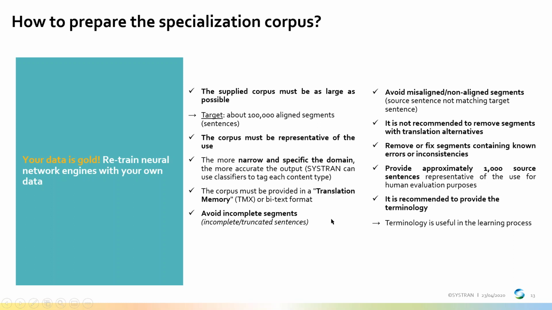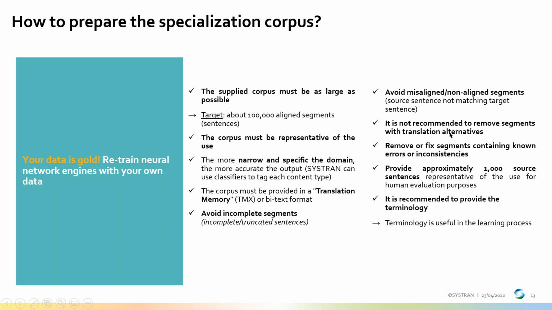We should, if possible, avoid incomplete segments, so truncated sentences as an example. Avoid misaligned, non-aligned segments, so sentences for which the source does not match the target. If we know that the sentences contain some errors or inconsistencies, we should definitely try to remove or fix these segments if possible.